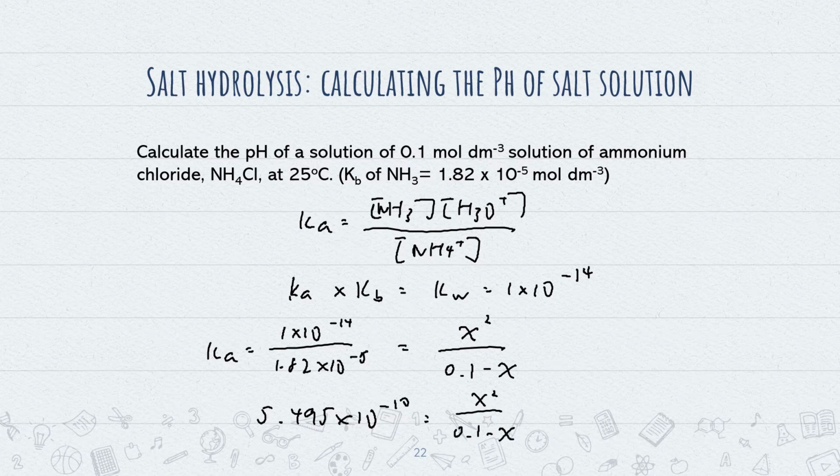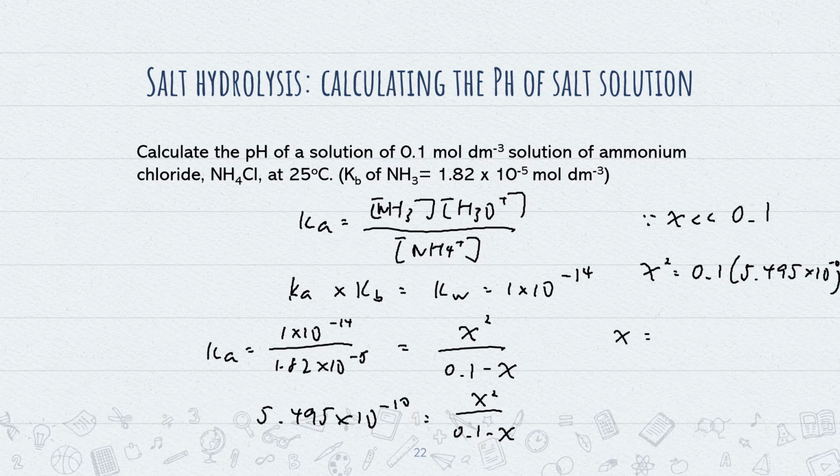And of course, since x is way smaller than 0.1, your x squared will just equal 0.1 multiplied by your Ka value.